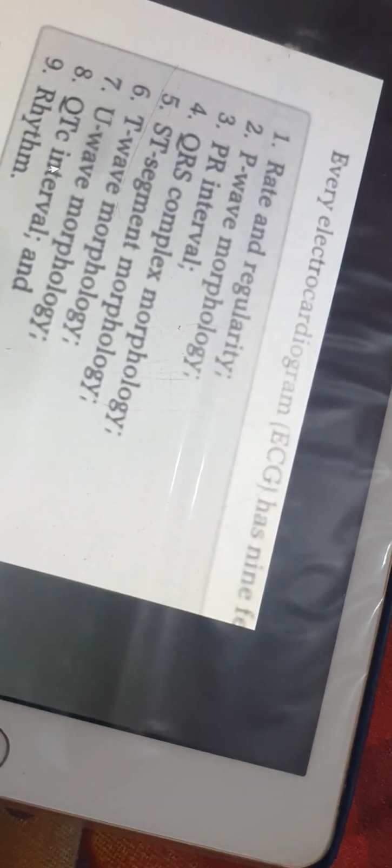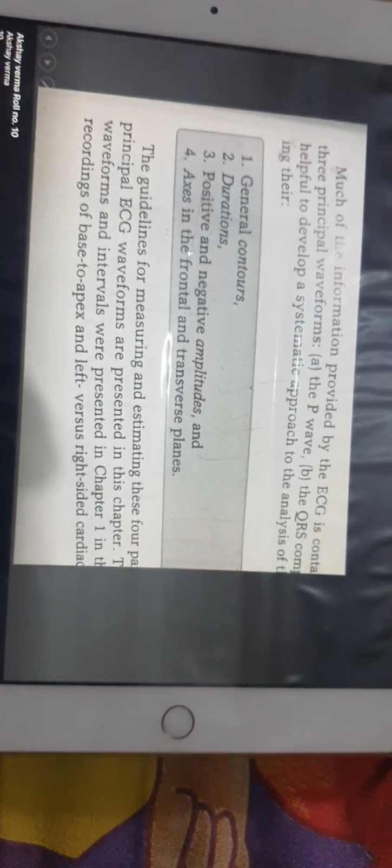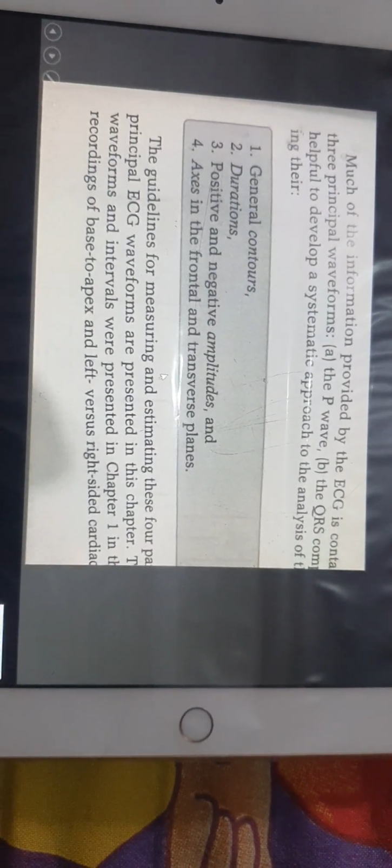So this all needs to be interpreted. In different ways, we have to see general contours, duration, positive and negative amplitude, axis in the frontal and transverse planes. So this all we need to calculate.